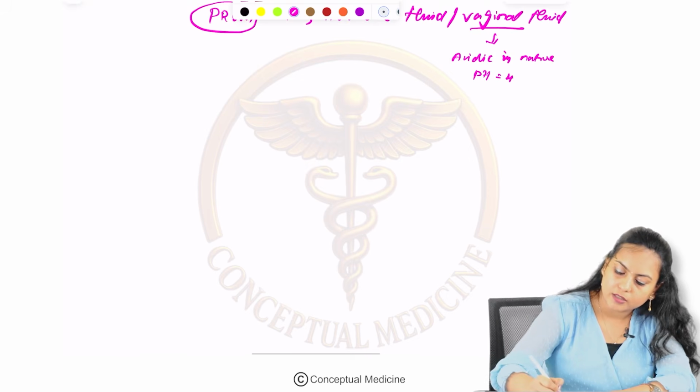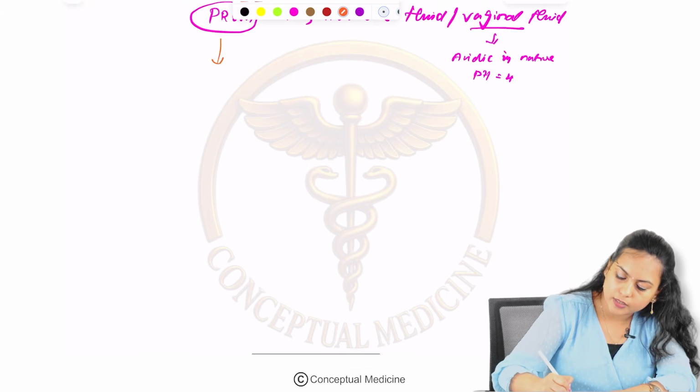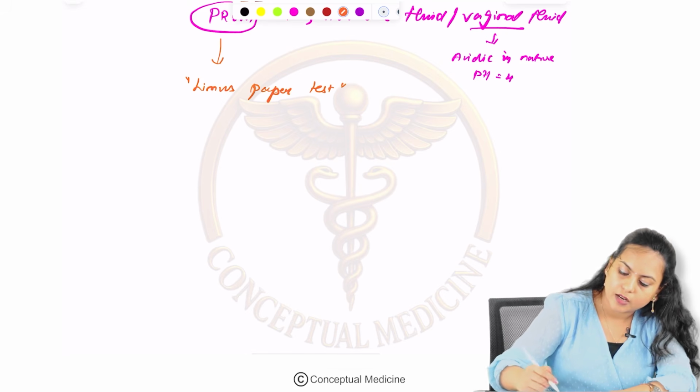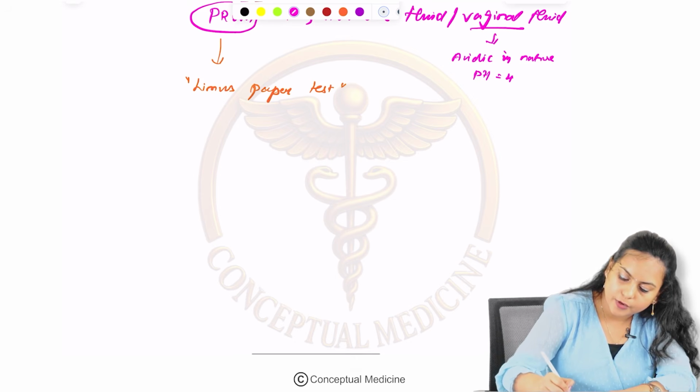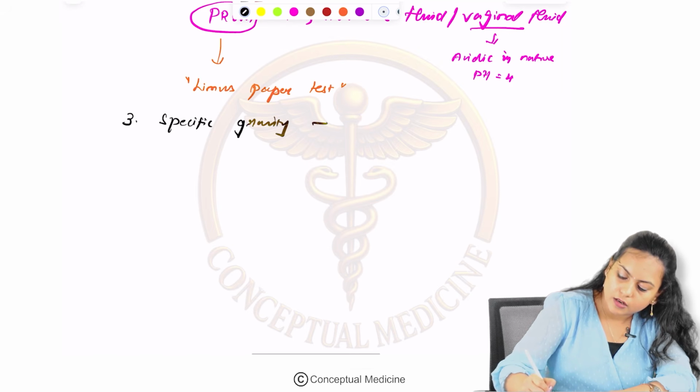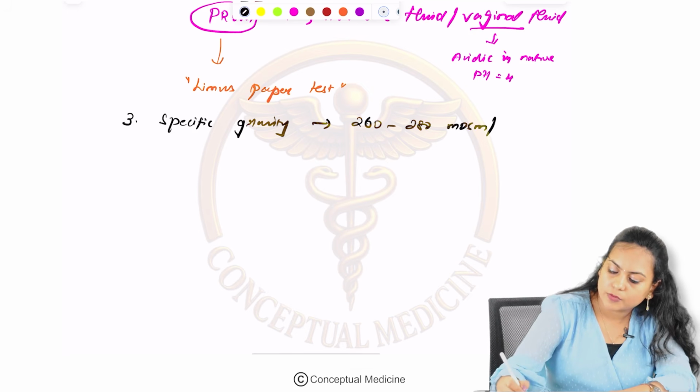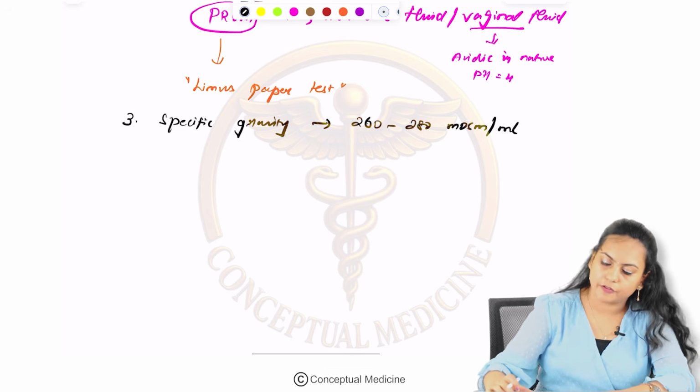Okay. This property can be used in litmus paper test. And the next property is the specific gravity, which is around 260 to 280 milliosmoles per ml of amniotic fluid. Okay.